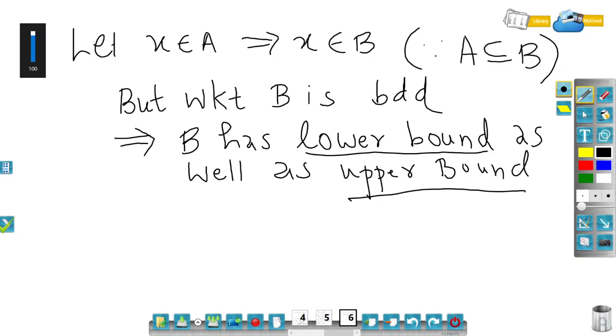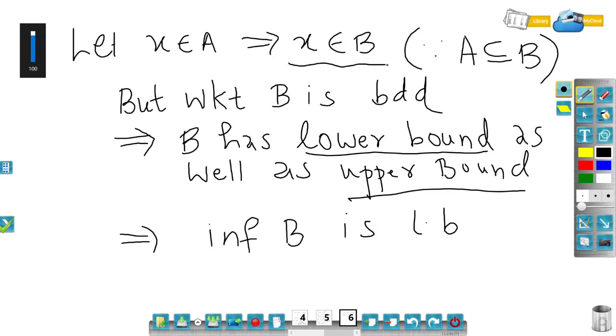If it is supremum, then among all the upper bounds, it is the least upper bound. So when we say B has a lower bound, infimum of B is one of the lower bounds.